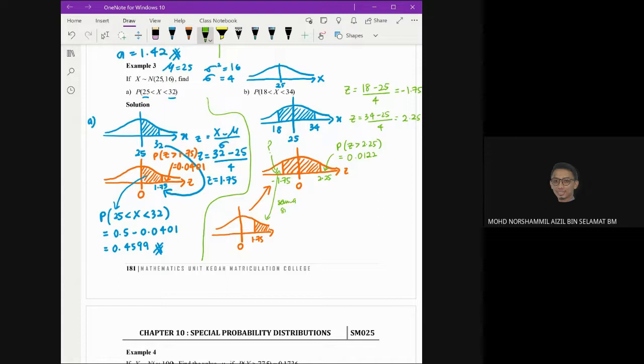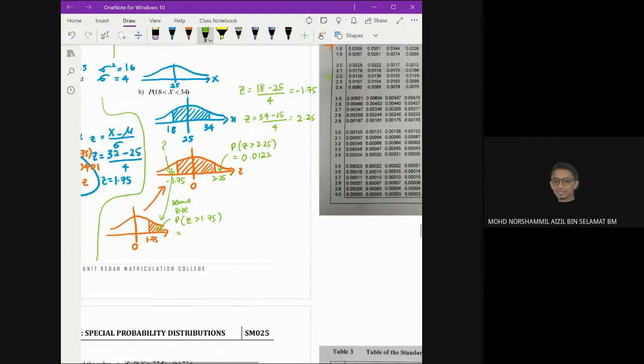Okay, so by using the latest Z bell shape ni, kita boleh dapatkan yang belah kanan ni. So this one we can read as probability of Z greater than 1.75. So what do we get? On the table, 1.75.